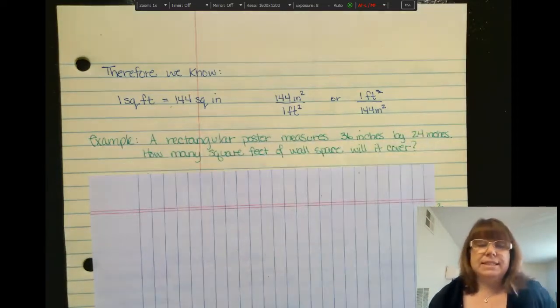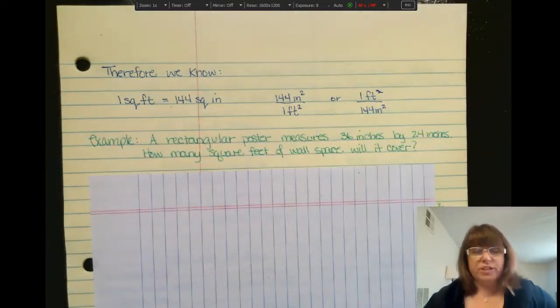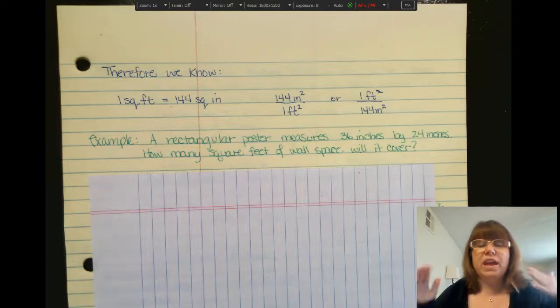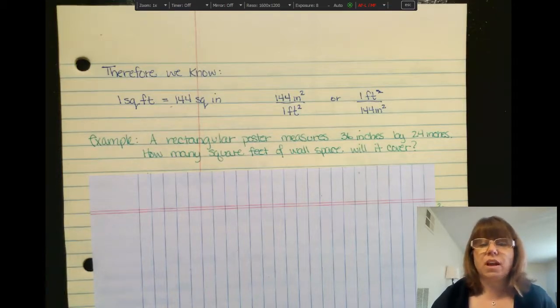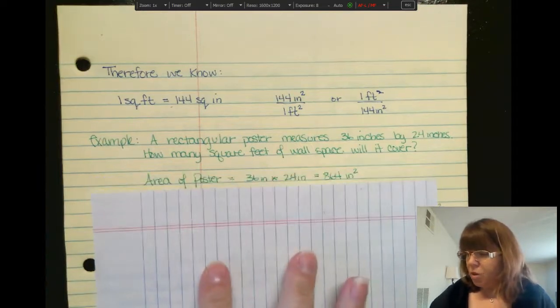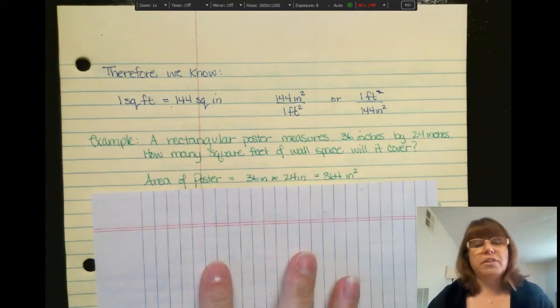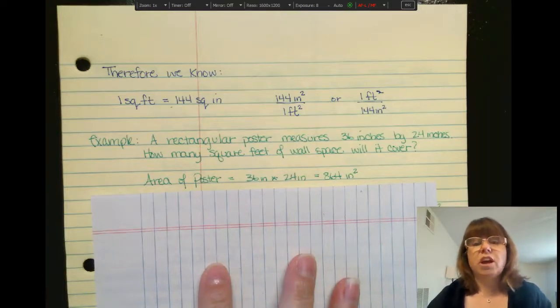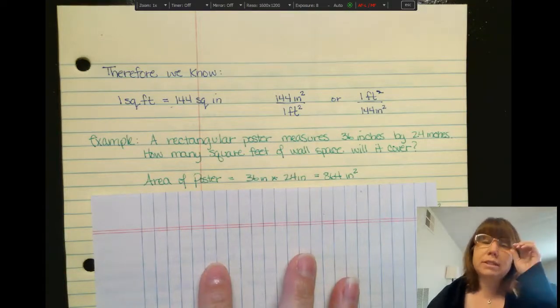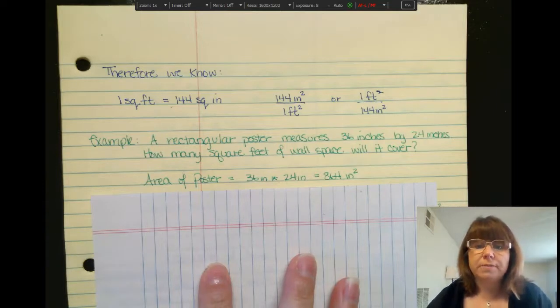So let's take this into consideration and say we have a poster. It measures 36 inches by 24 inches. How many square feet of wall space will it cover? Well, I know my area of the poster is 36 inches times 24 inches. In other words, it's 864 inches squared.